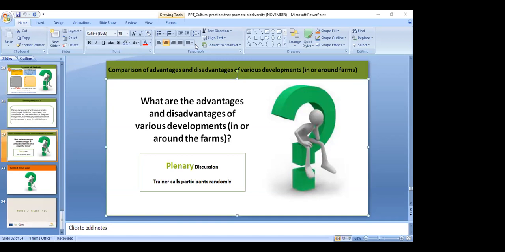If I do not harvest them in due time, the edges around my farm, where these birds take their abode, they feed on them. So I cannot just have those sunflowers on the farm forever. Those birds will come around and feed on them. They'll think you don't need them, and it can be a source of food for them. So these are one or two disadvantages of having the hedges on your farm.